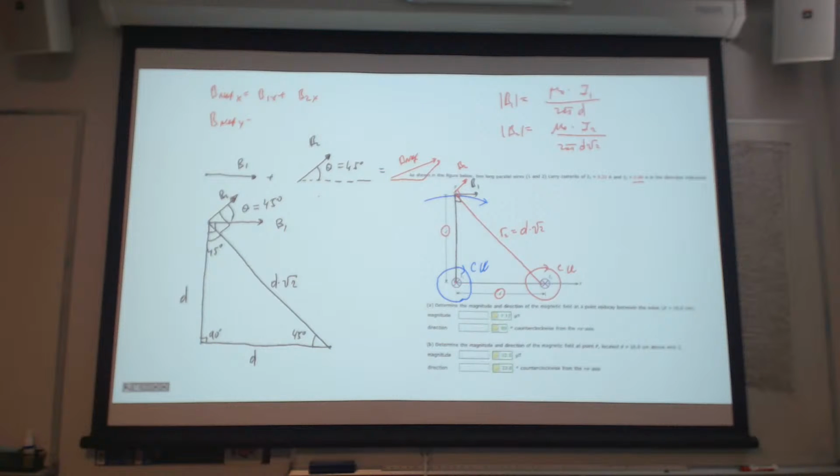B net Y equals B1Y plus B2Y. So, good thing these are simple vectors. The X component for the first field is just the field. It has no vertical component. But components X and Y for B2 are equal because it's a 45 degrees angle. And that's going to be magnitude times sine or cosine of 45, square root of 2 over 2.